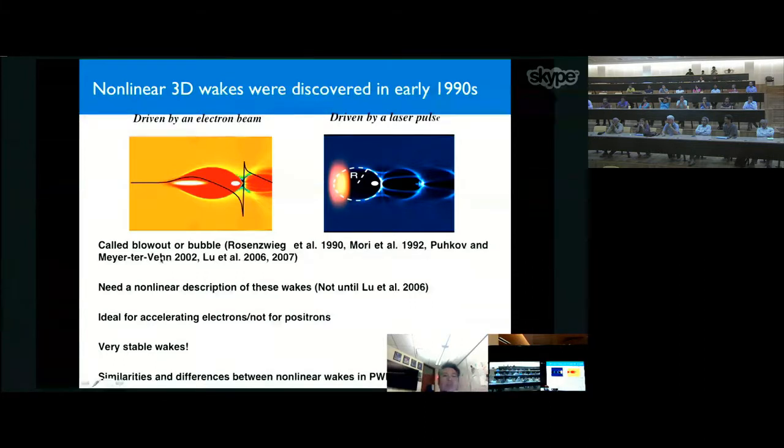Pukov and Meyer-ter-Vehn in 2002 considered 500 terawatt lasers and looked at an extremely nonlinear regime of this. That's now referred to as the bubble regime. And then my graduate student looked at this for laser pulses in a nonlinear but not extremely nonlinear regime, as was considered by Pukov and Meyer-ter-Vehn.